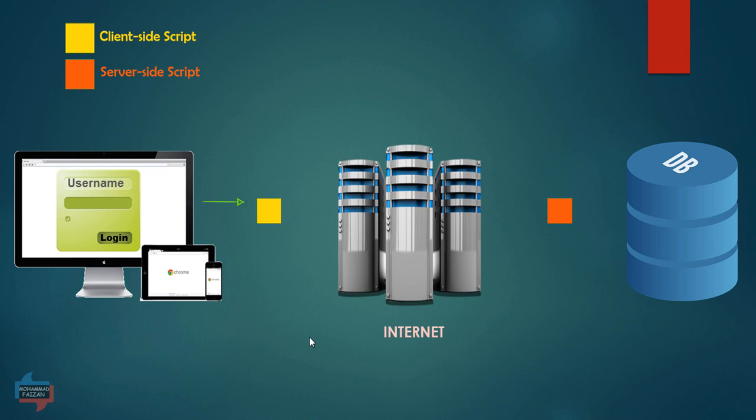But before going to the server, client side checks the request. If client side gets an error in the request or an invalid request, then client side will not send this request to the server. It returns the request in error message form to the user.